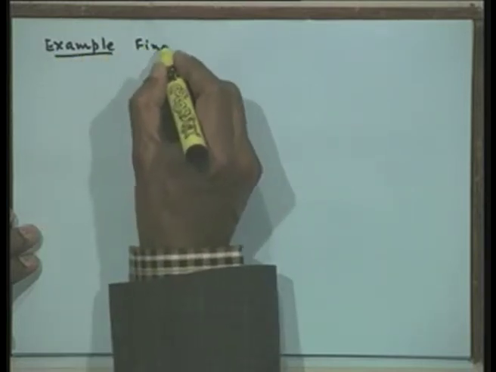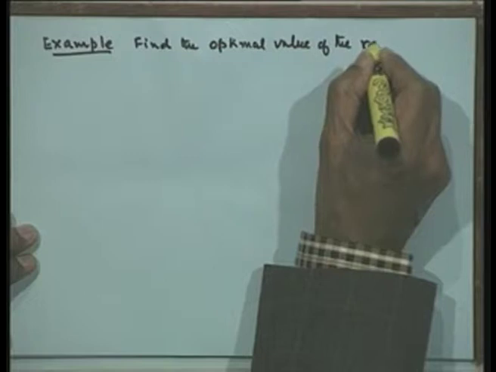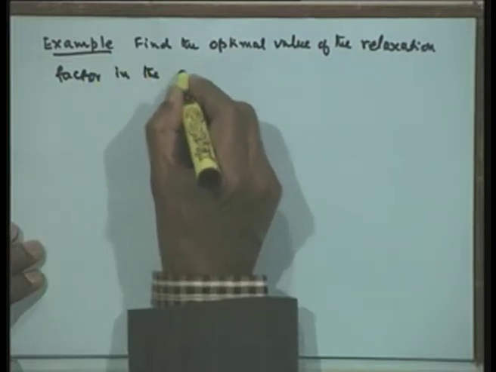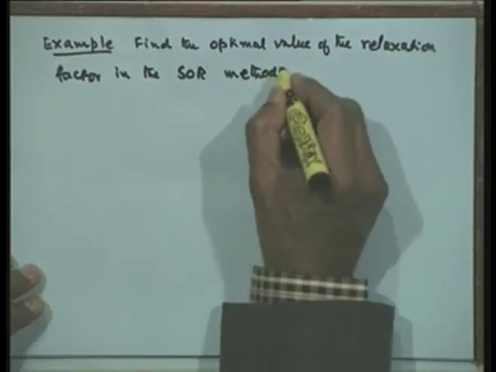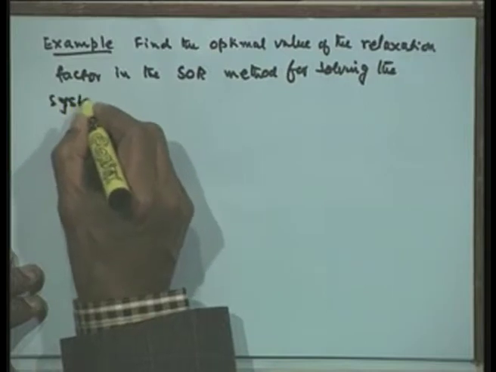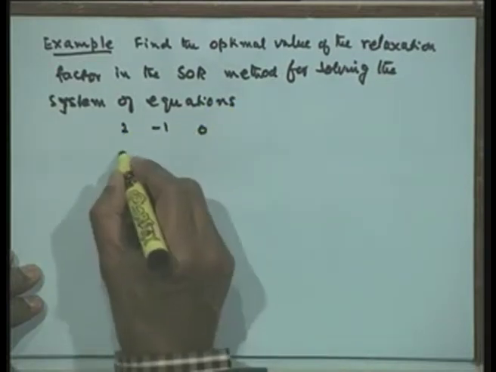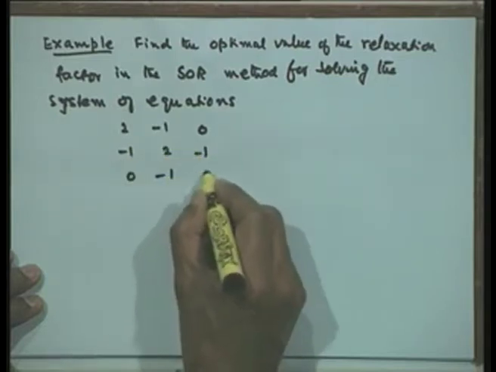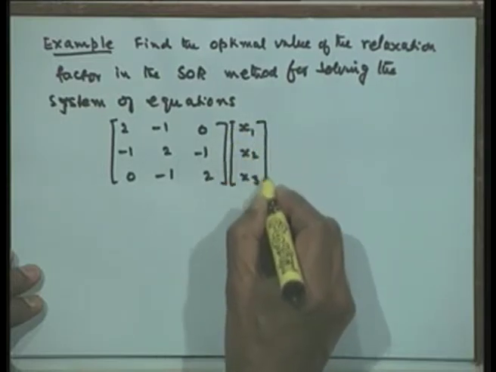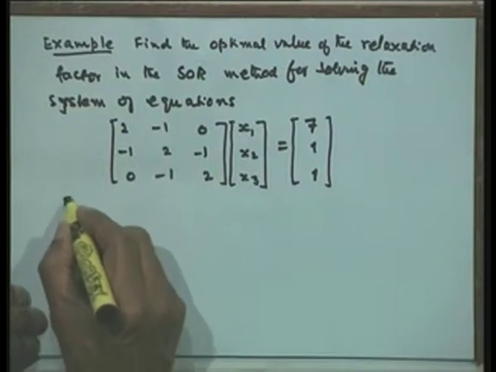Find the optimal value of the relaxation factor in the SOR method for solving the system of equations: the matrix with rows 2 -1 0, -1 2 -1, 0 -1 2, times x1 x2 x3, is equal to 7 1 1. Find also the rate of convergence.